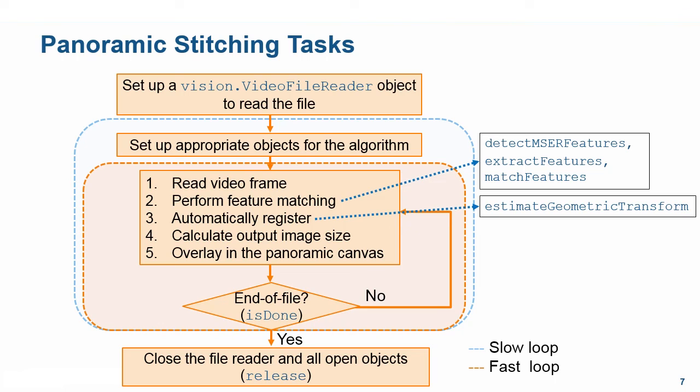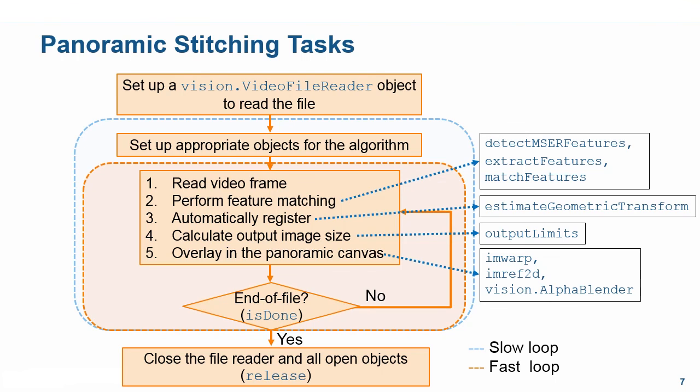We estimated the transform between the two consecutive frames with their feature sets using estimate geometric transform. We then calculated the panoramic image size using the output limits function. Finally, using imwarp and imref2d, we transformed every frame and overlaid it in a canvas using the alpha blender system object.